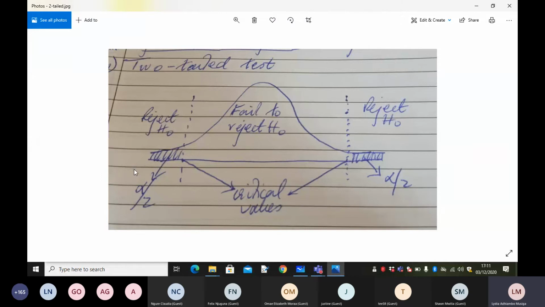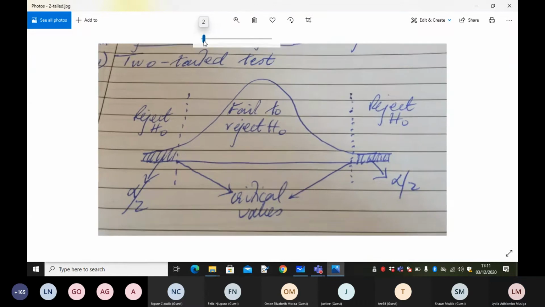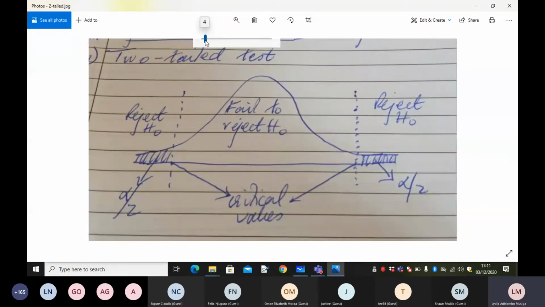I'm presenting my screen. So I will use the normal distribution to explain this concept. If we look at this diagram, let me just expand it a little bit. It's for a two-tailed test.